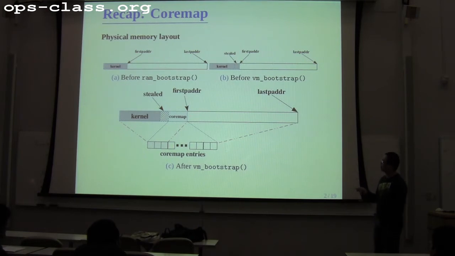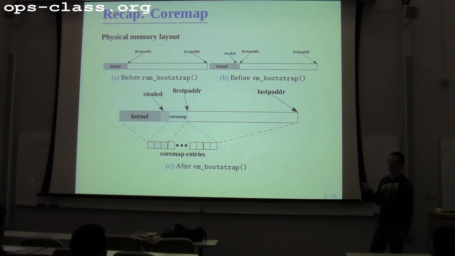Another way is that because this part is used anyway, you can choose to ignore this part and pretend that your coremap just manages this region of free memory. In that case, suppose this is the first available physical page, then this physical page will be mapped to the first coremap entry.